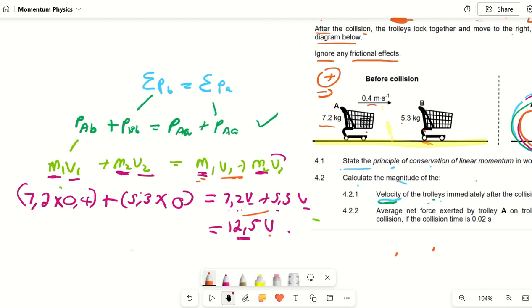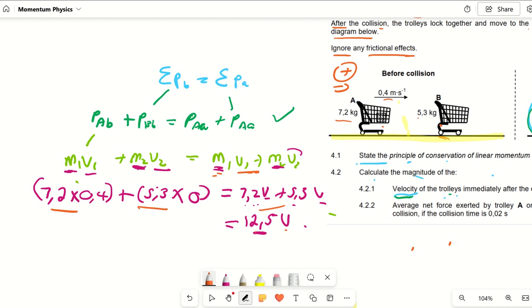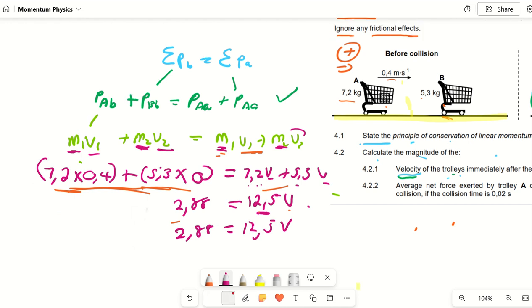Okay. Sharp. So now, can you guys calculate this whole thing for me? Tell me what the answer is there, this left hand side. Okay, 2.88. Proper stuff. Now remember that you're looking for v and not 12.5 v.